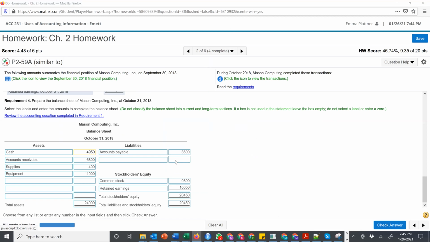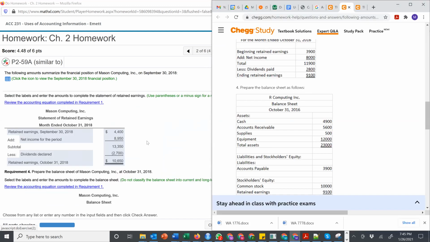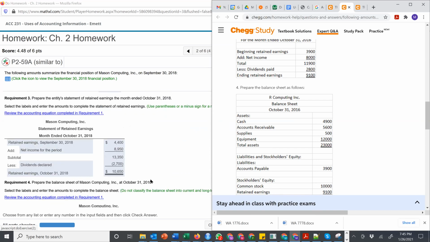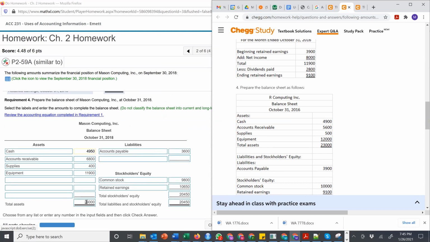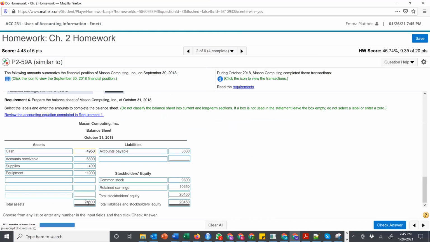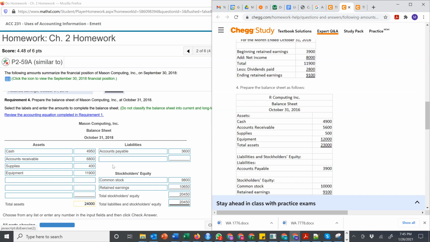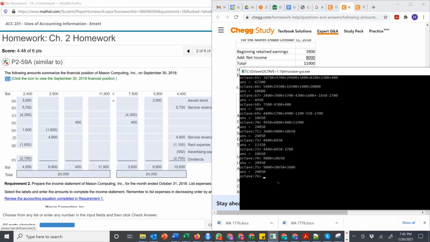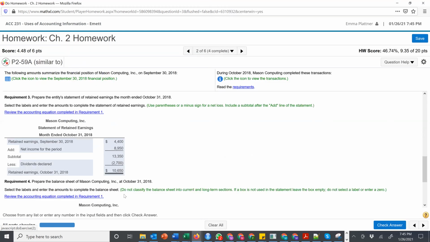But wait, can you scroll up? Yes. Right there, they're both 2,450. Right. So this should also be 2,450, but it's not. The other one's 2,0450. Well, they're supposed to be the same. 24050 is what it should be.